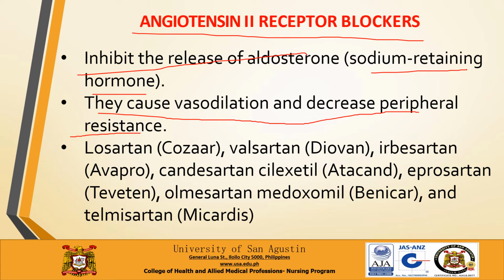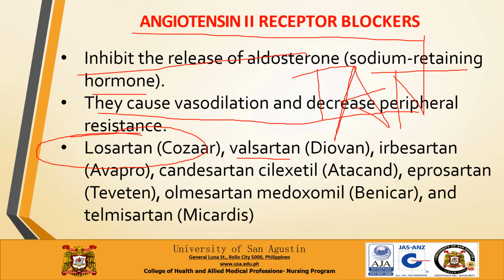The very common angiotensin 2 receptor blocker is your losartan, Cozaar. Losartan, valsartan, irbesartan. So all of them end in tan, guys. Again, all of them end in tan, which is your angiotensin 2 receptor blocker.